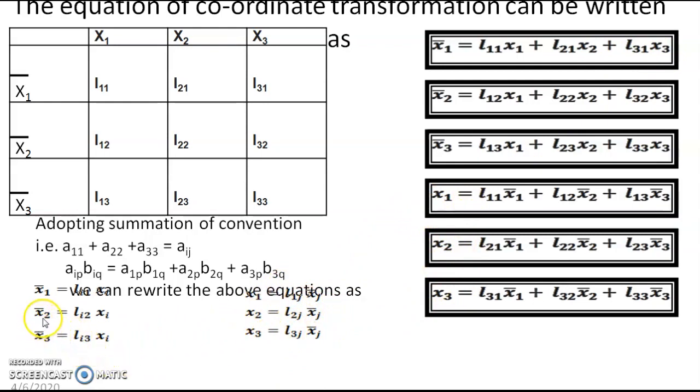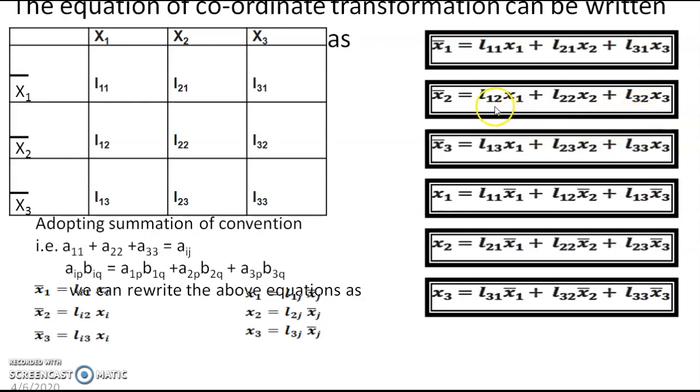For the second equation x2 bar, instead of writing 1, 2, 3, this is summation, so we are writing just I, so that we can put the value of I as 1, 2, 3. This is L1, L2, L3.